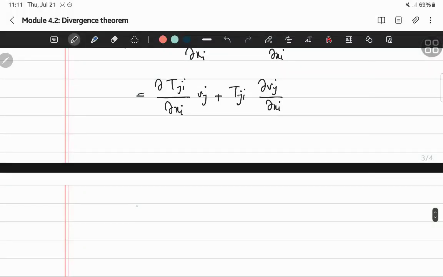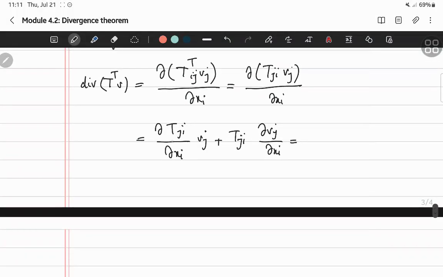So if you look at here, we have the divergence of t transpose, and this is a vector field. So it's a vector like aj, and here we have aj vj, so it's going to be dot v, a scalar value finally, plus here again we have a scalar value, tij with, let's say, the gradient of v, which is a tensor.